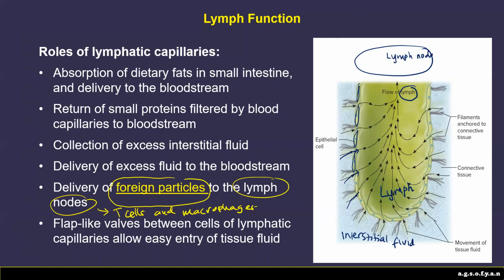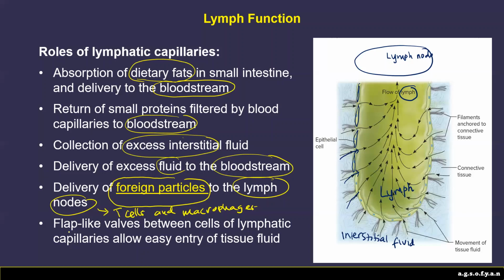But there are other functions, like absorption of dietary fat. This is also done by the lymphatic vessel, and these dietary fats will be delivered to the bloodstream, to the subclavian vein, and it returns small proteins filtered by the blood into the bloodstream. Collection of excess interstitial fluid, and delivery of the excess fluid back to the bloodstream.